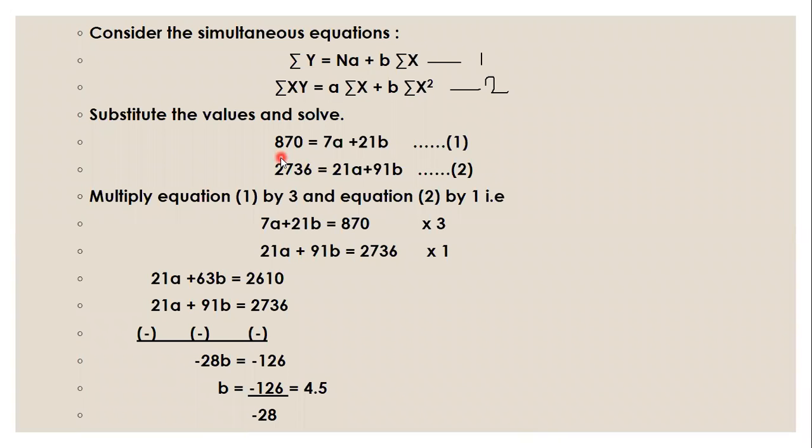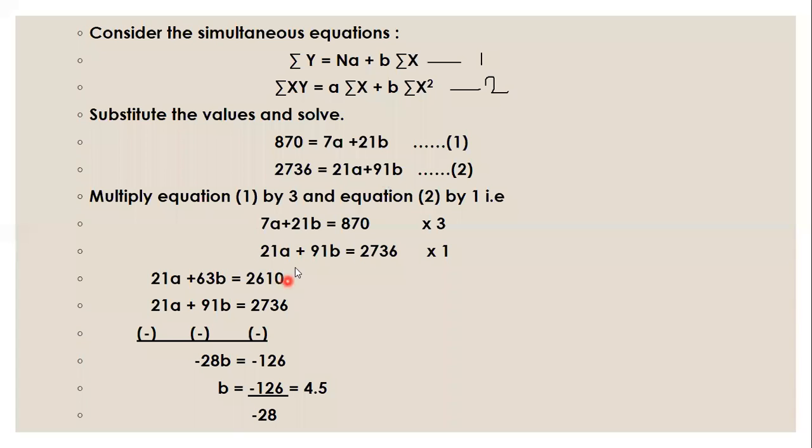Now, these equations are supposed to be solved simultaneously. How do we solve it simultaneously? We will first make either a or b with the same constant. Now, if you see here, equation number 1 is 7a plus 21b is equal to 870. I have just taken 870 to the other side. And equation 2 is 21a plus 91b is equal to 2736.